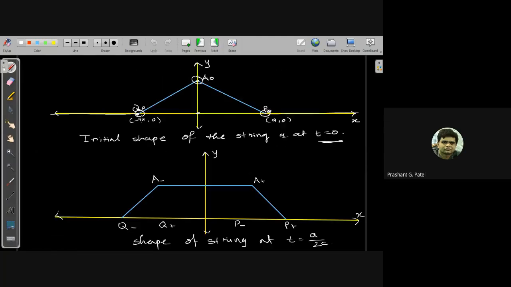That we have seen: at minus a it is not differentiable, at 0 it is not differentiable, and at a it is not differentiable. Hence, I will say this is figure 1. This will be figure 2.